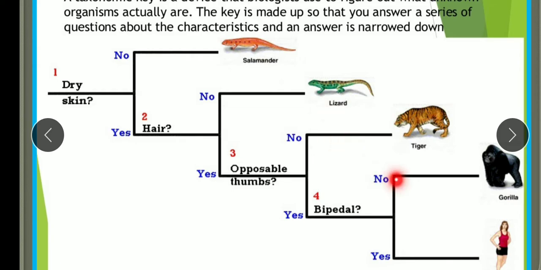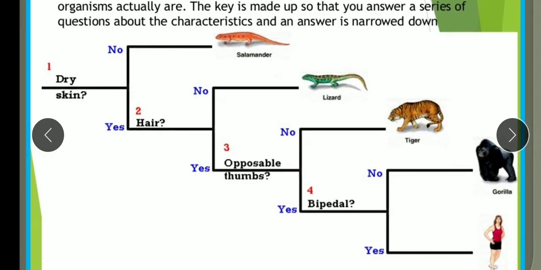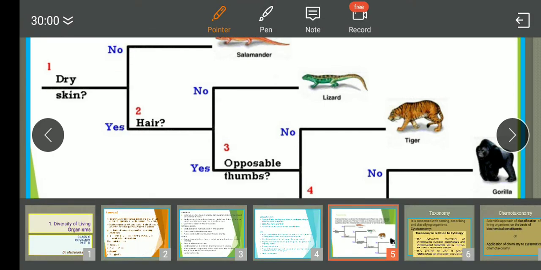Distinctive feature means their characteristic features by which they can be differentiated. Then we ask questions about them in such a way that only one of the two alternatives is possible, that is yes or no.